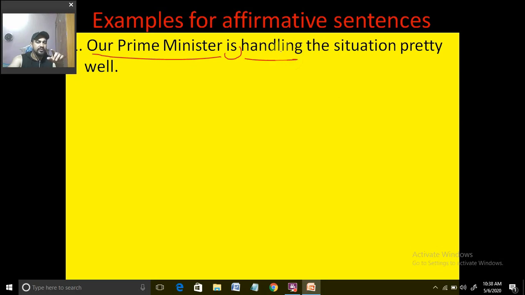The word ends with e. If the word ends with e, then we are going to cut that e, then we are going to use ing. Then rest of the statement.